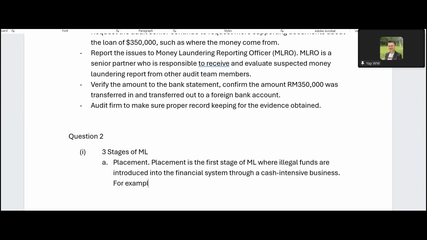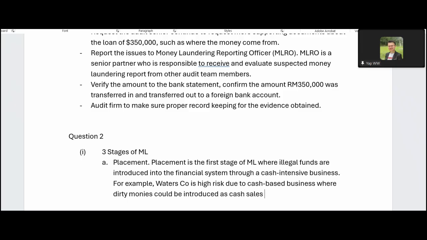For example, because the question also asks you to highlight why Water Score is high risk. So Water Score is high risk due to cash based business where dirty monies could be introduced as cash sales of cinema tickets.